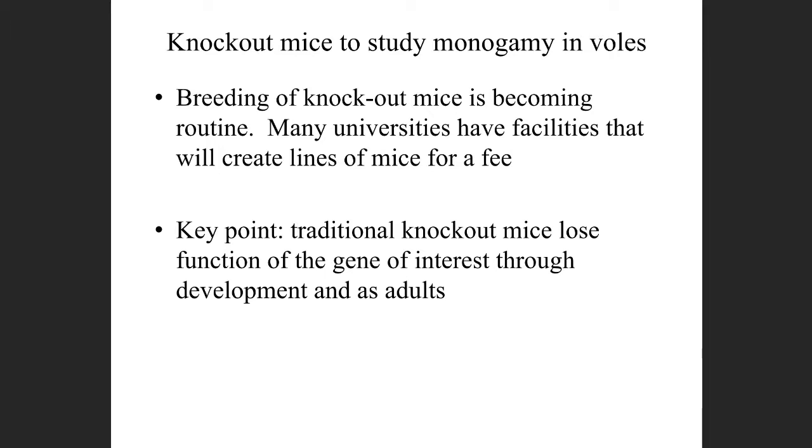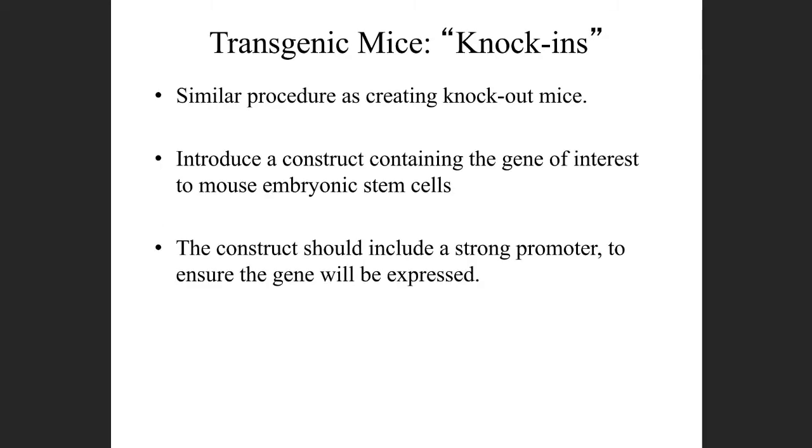The interesting thing is, if you knock out mice, they will lose the function of the gene of interest through development and as adults. However, you can also create transgenic mice where a gene is guaranteed to be expressed.